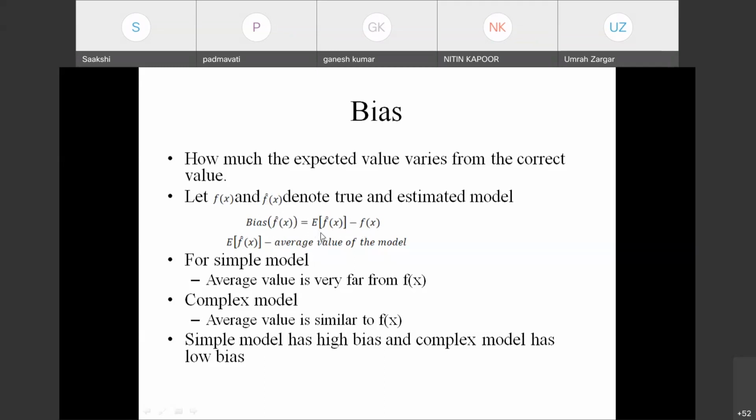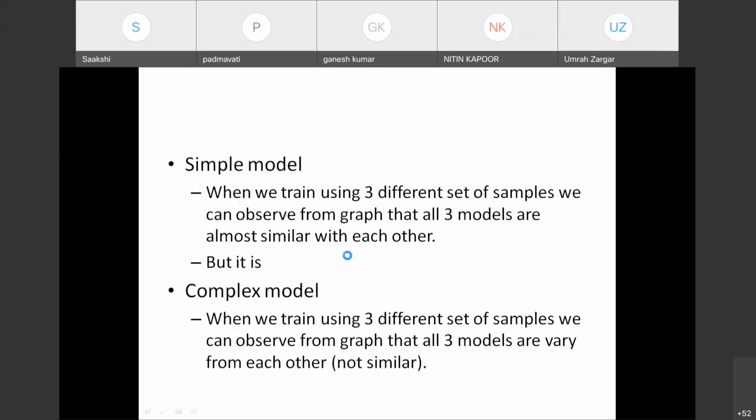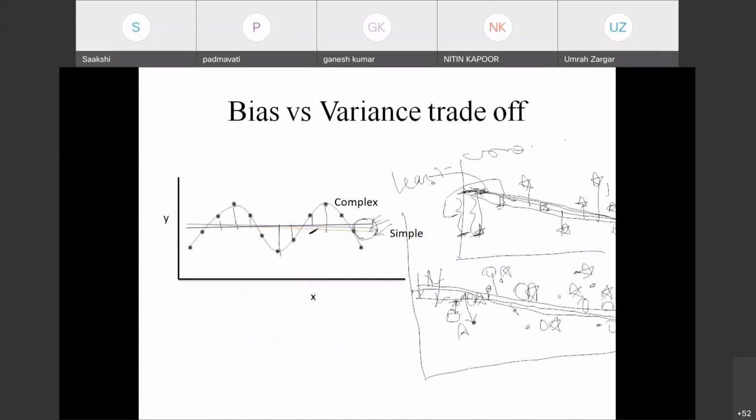The expected value of f hat of x is nothing but the average value of the model. F hat itself indicates the predicted one. In this particular example, we have used three different results.